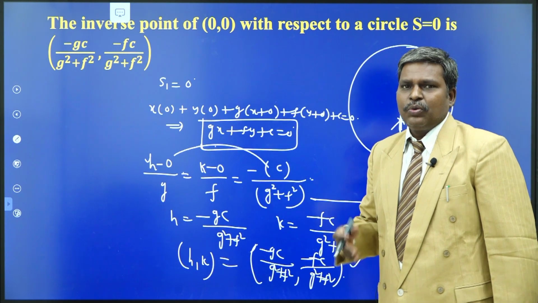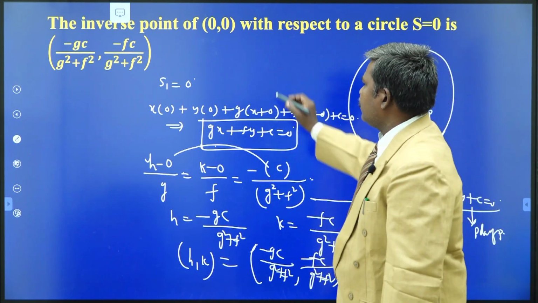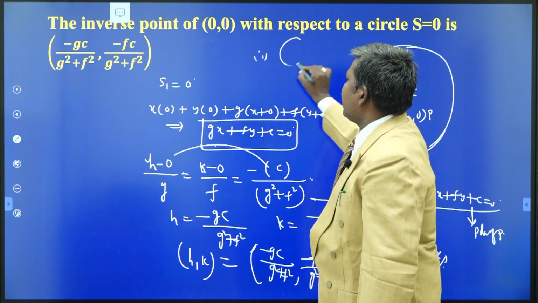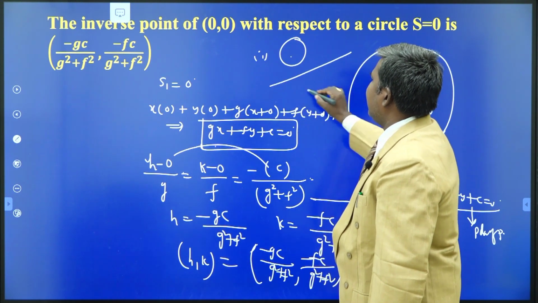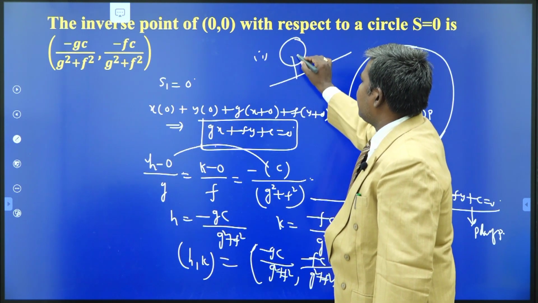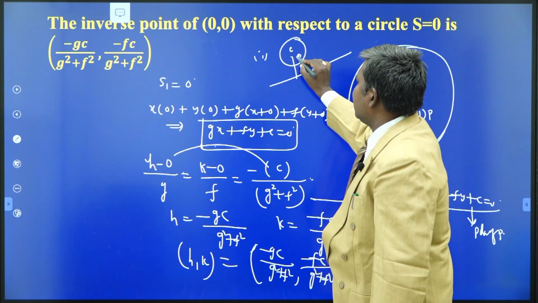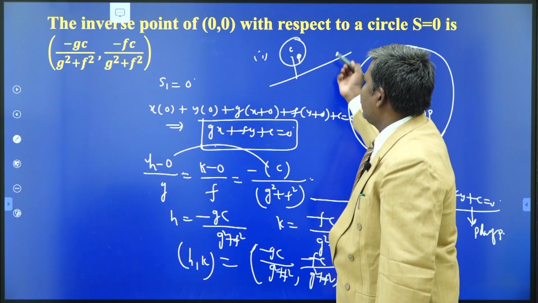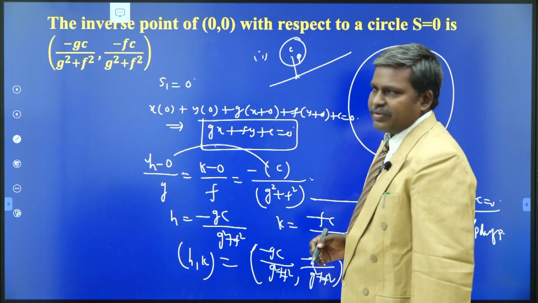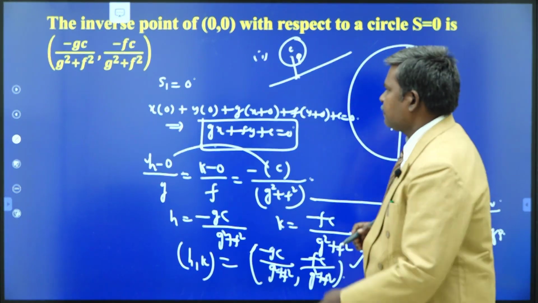So two things to remember, my dear students: write the polar of the given point and find the foot of perpendicular drawn from either the center or the given point itself, and we get the inverse point of P with respect to the circle. Okay.